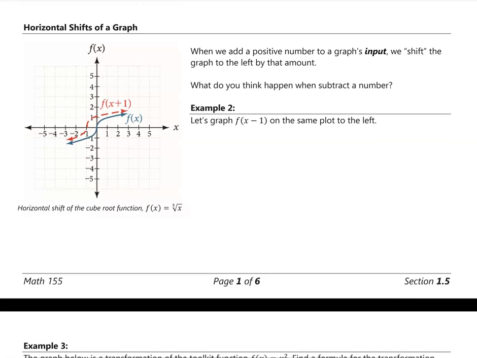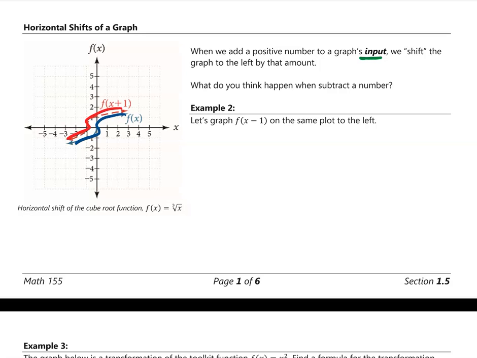Next, horizontal shifts. When we add a positive number to a graph's input, we shift the graph to the left by that amount. So let's use the same graph of the cube root function. The cube root of x is the blue. If we add 1, f of x plus 1, that is 1 to the left.